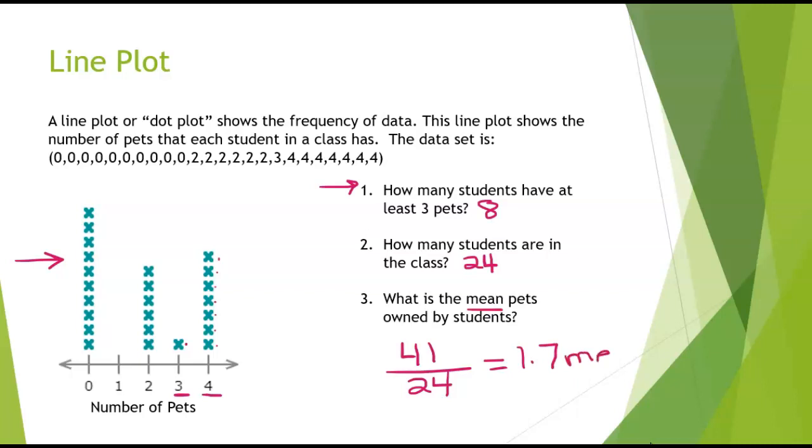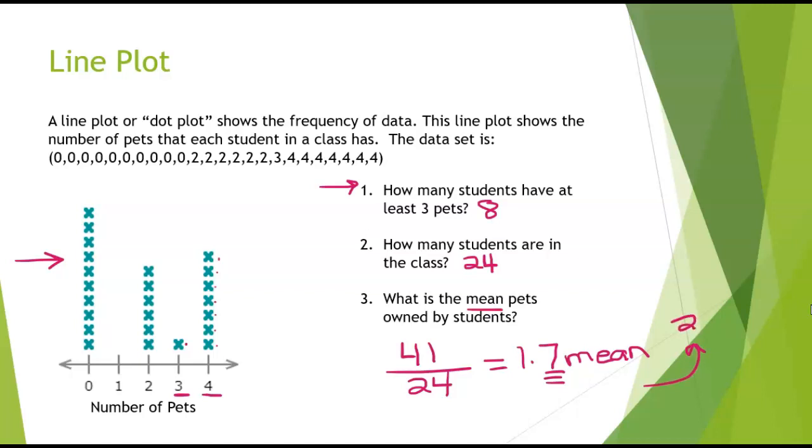And look at that. What does that mean? Well, we want to answer the question, what is the mean pets owned by students? So each student, on average, owns 1.7 pets. Well, that doesn't make any sense. You can't have a 0.7 of a pet. So you have to round this number up to 2.